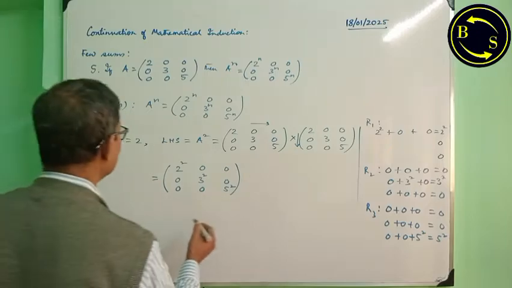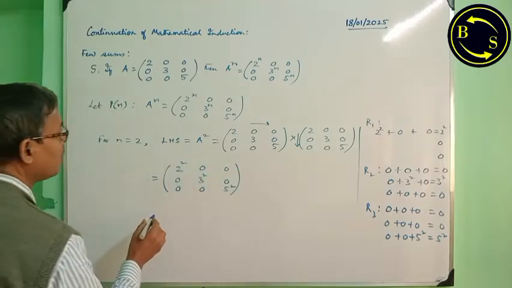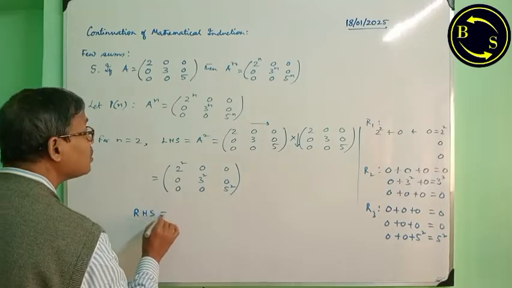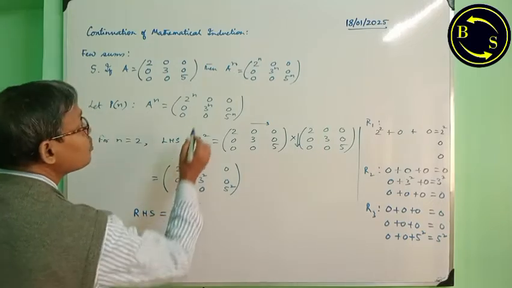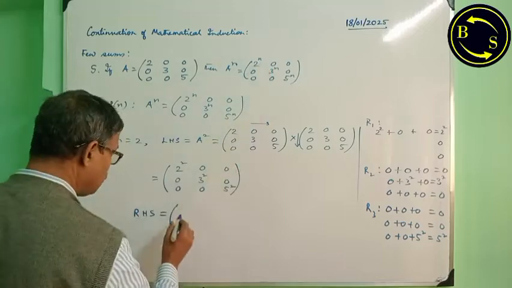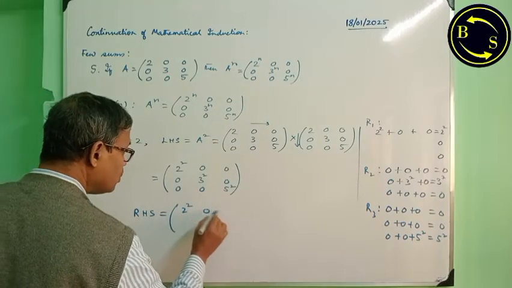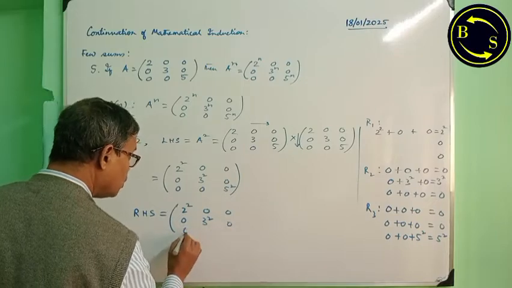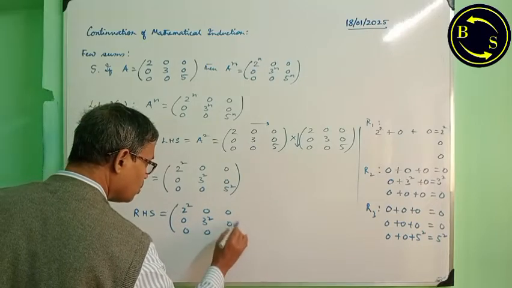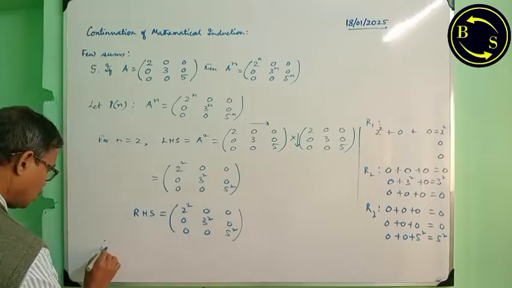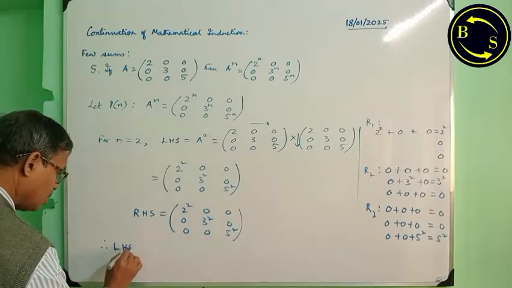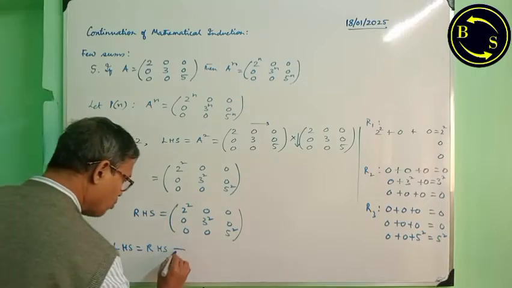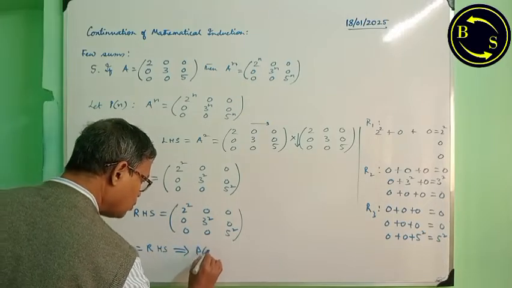Thus, LHS this and RHS is equal to, just we have to replace n by 2, [2 square, 0, 0; 0, 3 square, 0; 0, 0, 5 square]. Therefore, LHS equal to RHS, which implies P(2) is true.